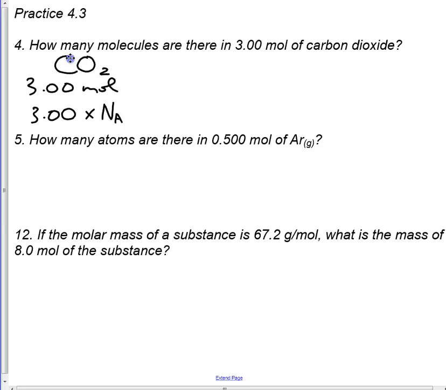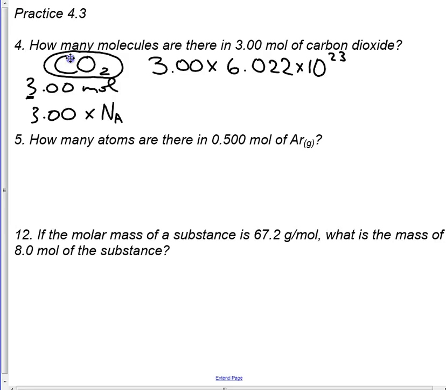That means that taking this unit and scaling it up to a mole, we now have that many, which means that we would have 3.00 times 6.022 times 10 to the 23.